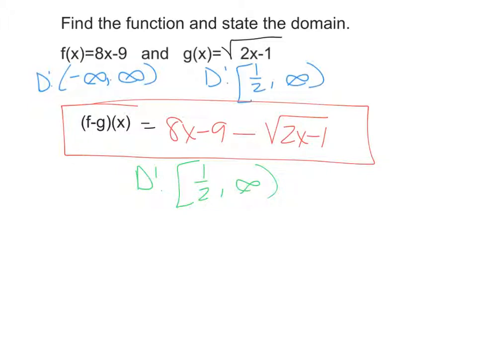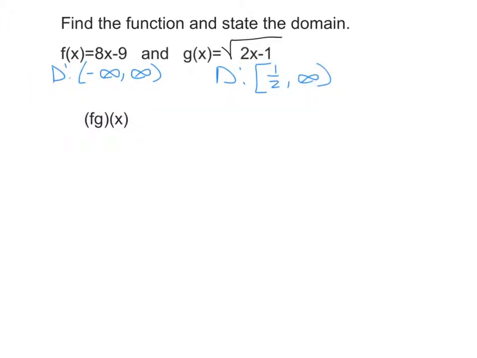It's not so bad. You look at these problems and think you've got a lot going on because of the square root in there, but honestly, it's not a big deal. If you can add and subtract, certainly we can multiply and divide. So if I have f times g of x, I have 8x minus 9 times the square root of 2x minus 1.